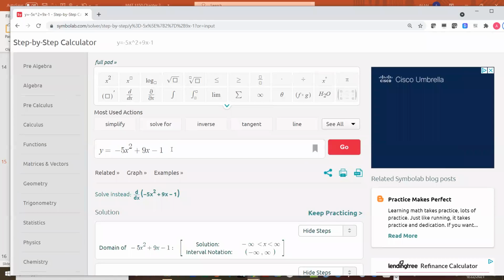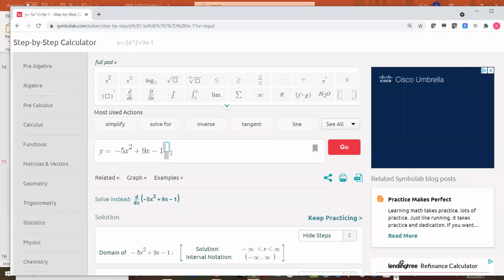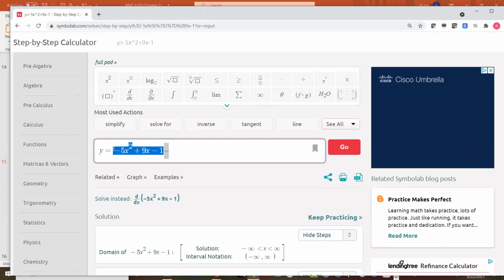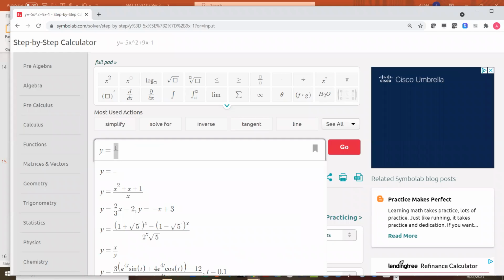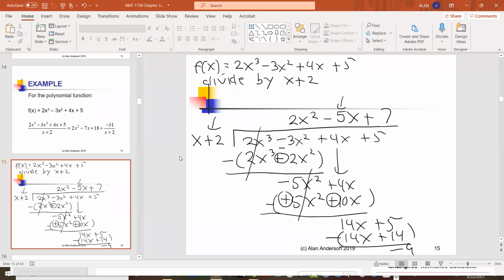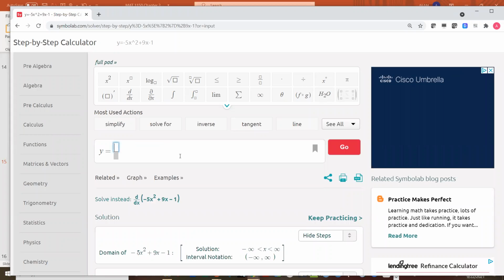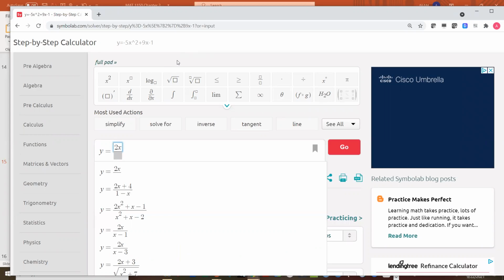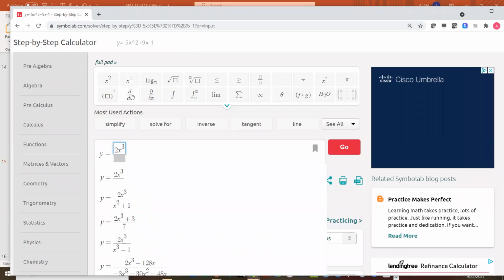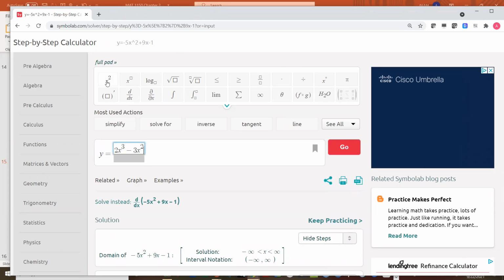But we have to figure that out. All right, let's try this. I have my fingers crossed here. 2x cubed minus 3x squared plus 4x plus 5. Let's see what happens when it divides that by x plus 2.